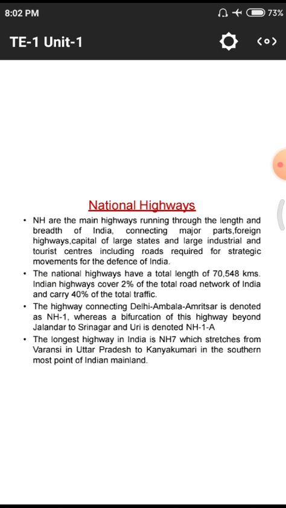Uttar Pradesh is one of the largest states by area and has the largest human population. NH7 interconnects those two places, and it is the longest national highway in India. Okay, today we will end.